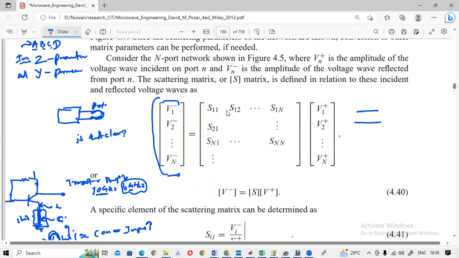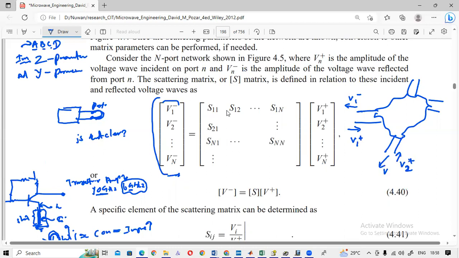If we have this kind of port, this is our network. The input we mark as plus, and the reflected we mark as minus.